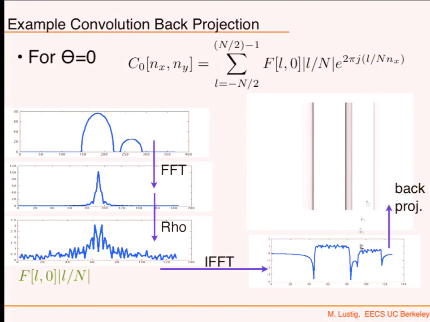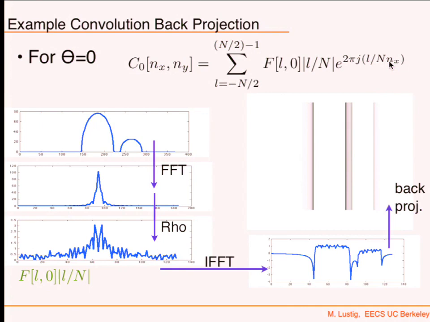This is a function c of n_x and n_y, but when I do this filtered back projection at theta equals 0, there is really no y participating here. So it's the same at all y's.